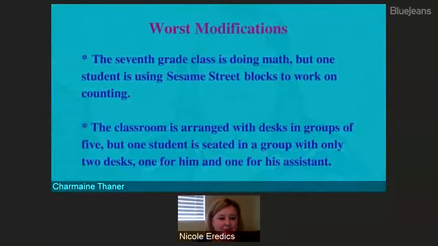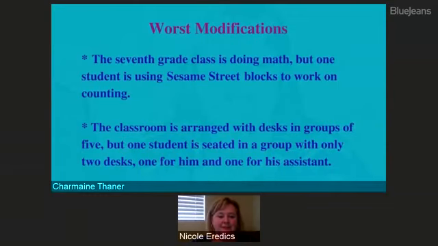And one of the things that I wanted to share, which I thought was kind of interesting, when I was looking at Brookes Publishing, they had an article there on the Inclusion Lab about examples of worst modifications. And I took some of them. I'll go ahead and read one to our viewers. It says, the 7th grade class is doing math, but one student is using Sesame Street blocks to work on counting.